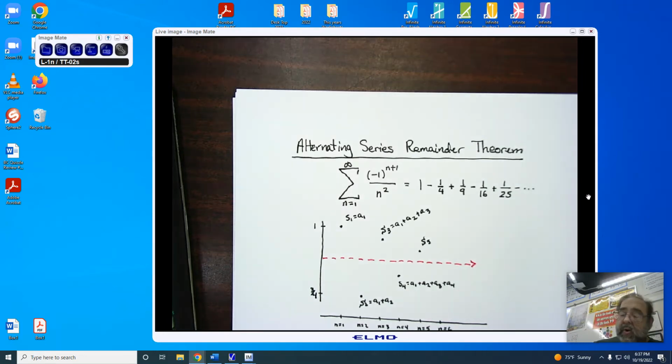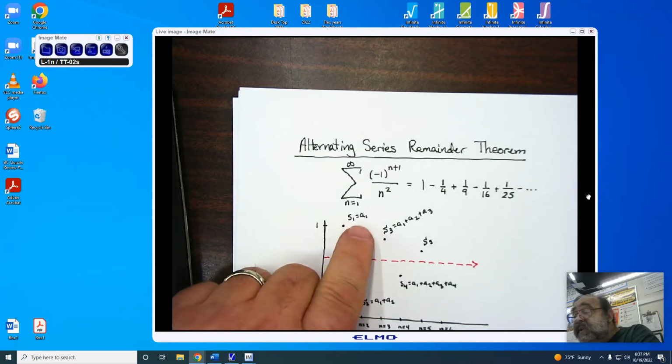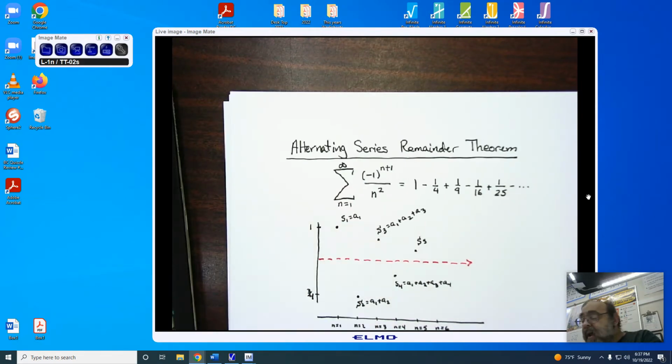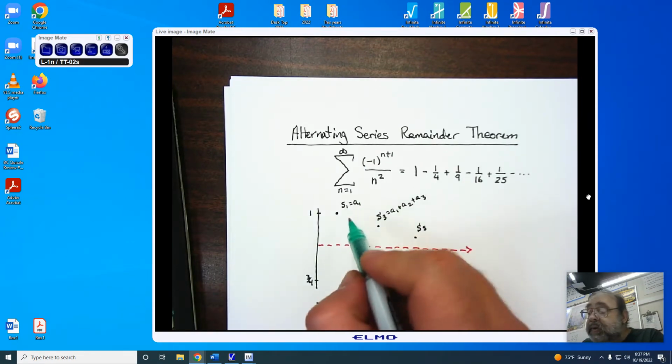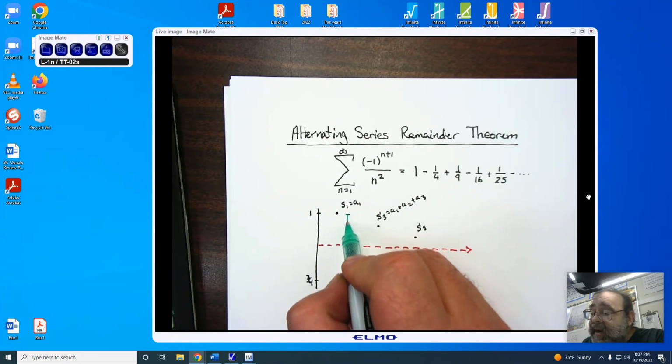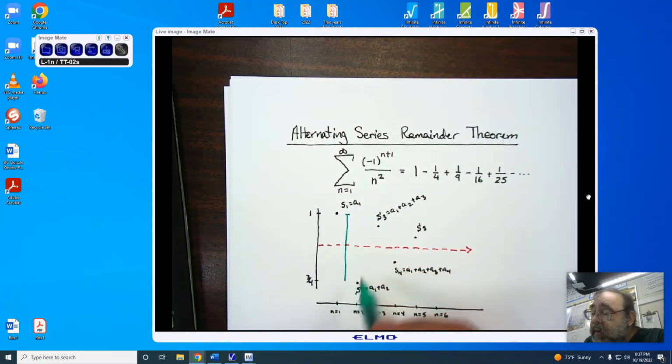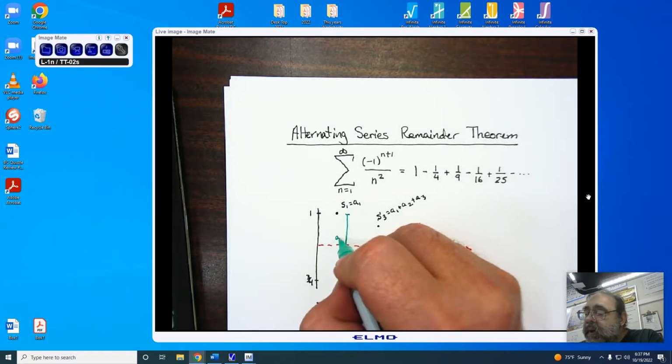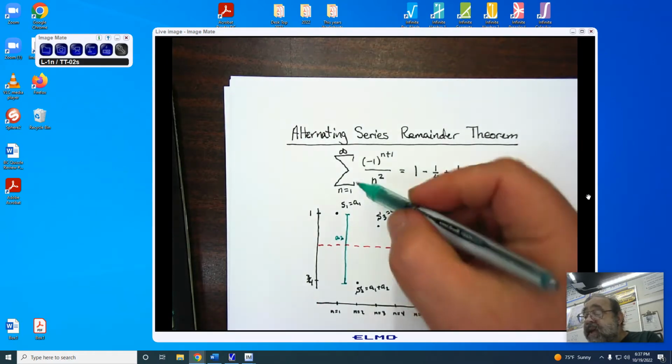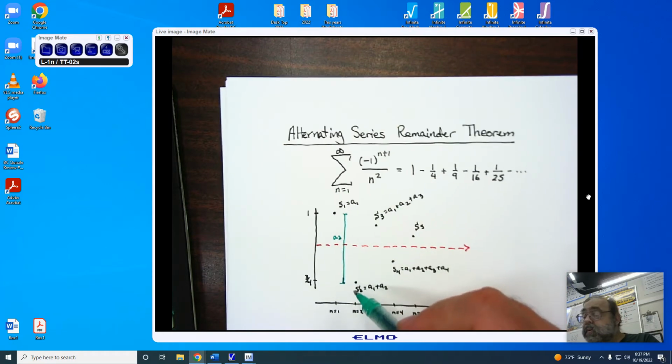But what I want you to notice here, and this is important, is that if this is a sub 1, and I am trying to find the next partial sum, and I add a sub 2, this piece right here, the green piece, is a sub 2. And that's what brings me down to S sub 2.